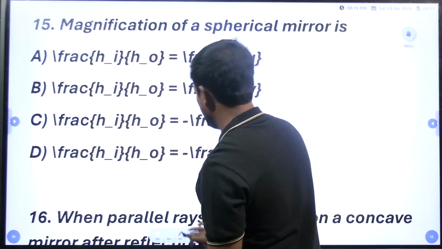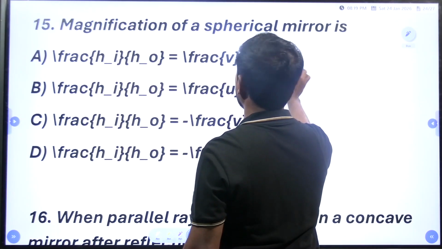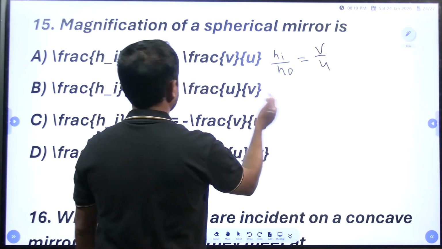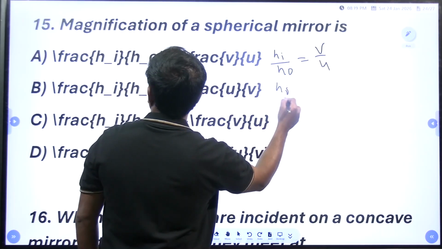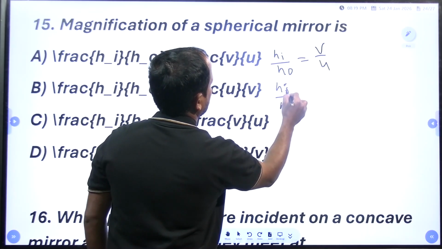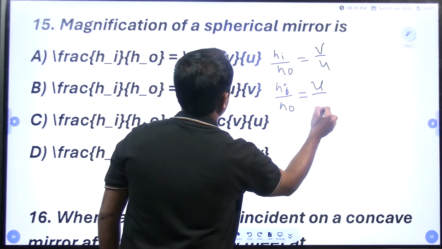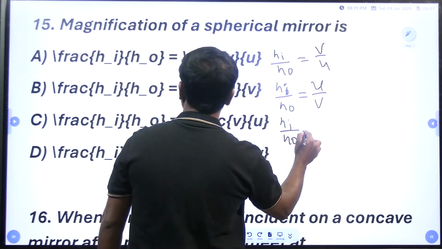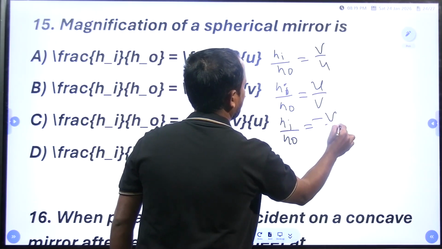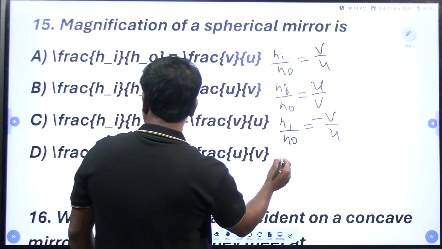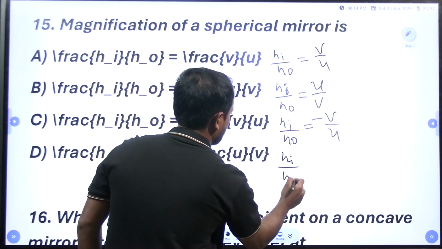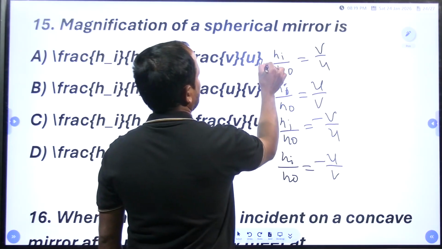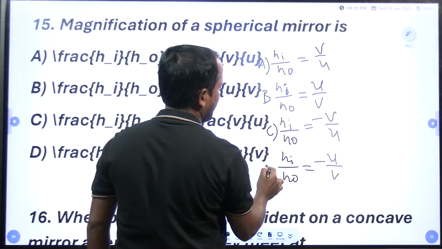Options, once changed. Option A: HI by HO is equal to V by U. Second option: HI by HO is equal to U by V. Third option: HI by HO is equal to minus V by U. Next, fourth: HI by HO is equal to minus U by V. These are options A, B, C, D.